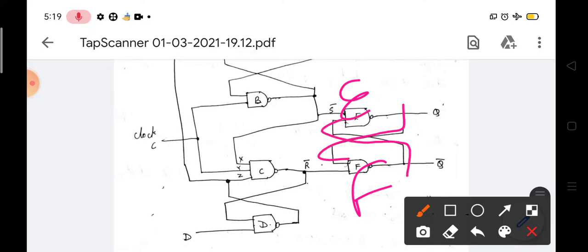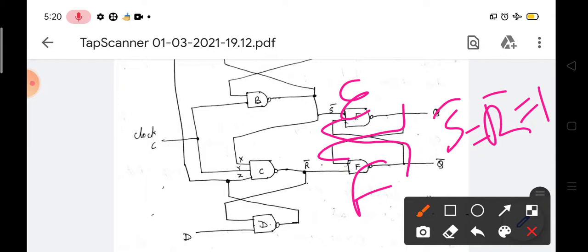So gates E and F are interconnected, which forms a latch. The state of this latch remains unchanged if S bar is equal to R bar is equal to 1. During this condition, the state of this latch remains unchanged.